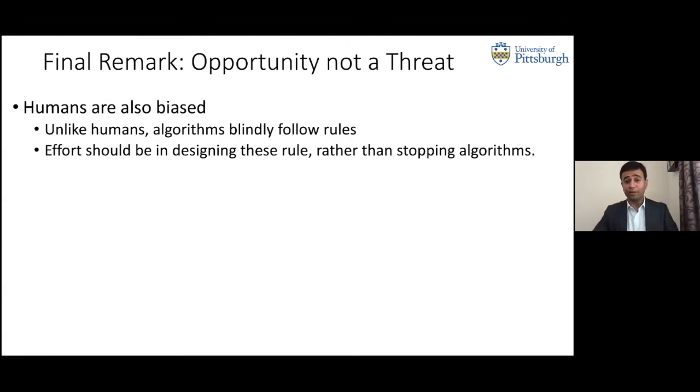And on top of that, these algorithms, unlike humans, don't try to find loopholes in the system and work around it. These algorithms blindly follow rules, but the onus is on us to create the right set of rules. That is where more effort should be directed. That effort needs to come from academia, from industry, and so on. But we need to design those right rules, and then the algorithms will be fine.